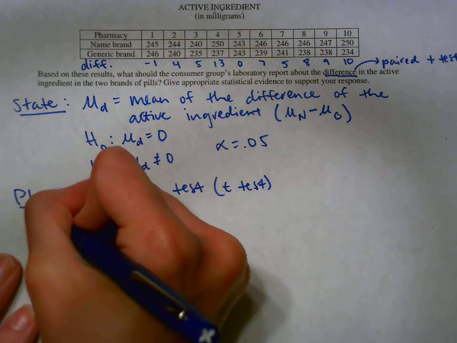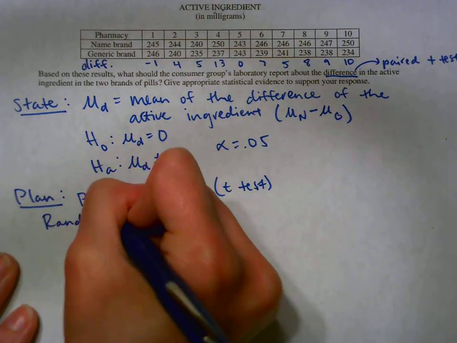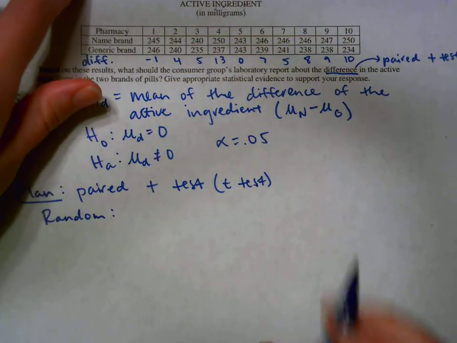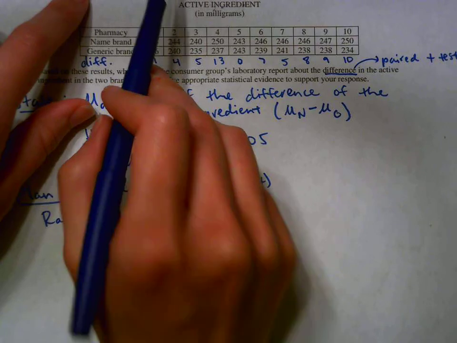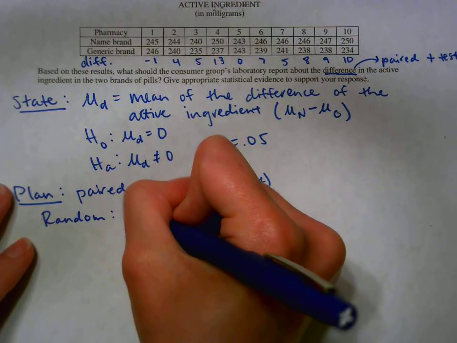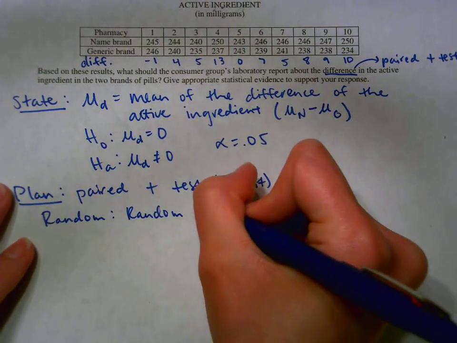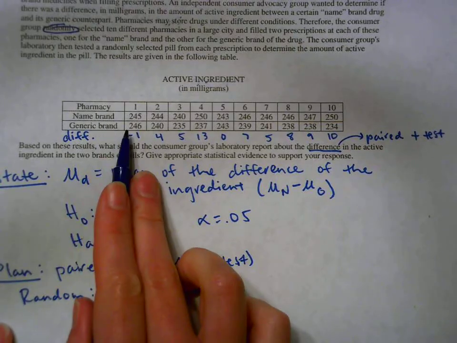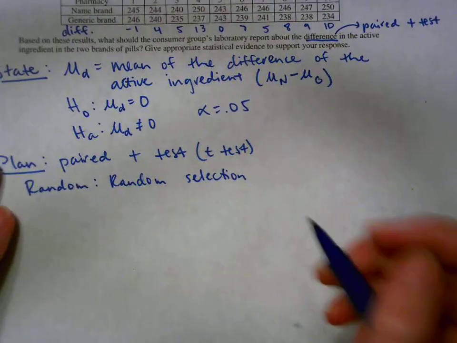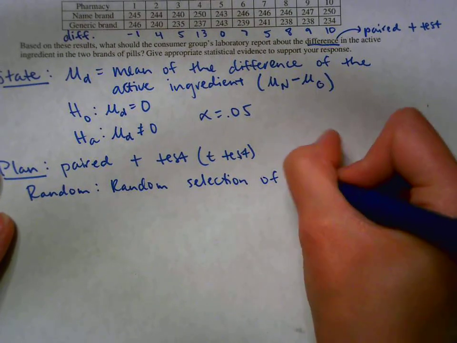What was random? It said they randomly selected the pharmacies, and they also said that they randomly selected the pill. So I'll say random selection of pharmacy, because your sample was, I would say, the pharmacy.